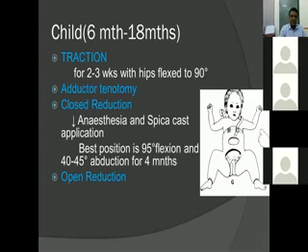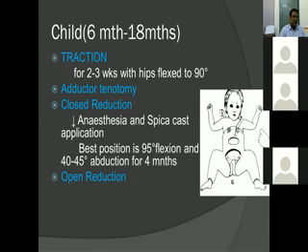After the traction, we have to do a closed reduction under anesthesia. As I told in the pathology, the adductors and other soft tissues get contracted. It will form an obstacle for the reduction, so one has to do an adductor tenotomy. After adductor tenotomy, closed reduction is done under anesthesia, and a spica cast is applied with 95 degrees of flexion at the hips and 40 to 45 degrees of abduction.